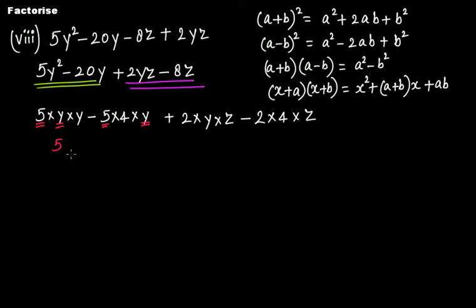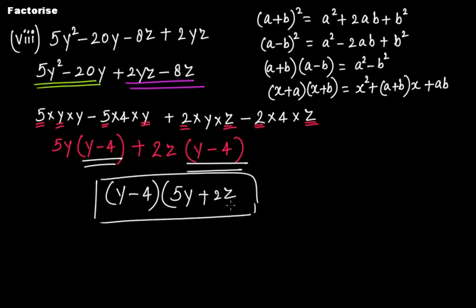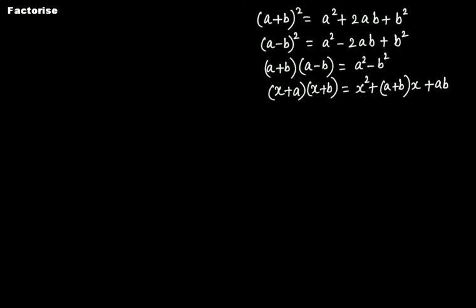These two are the common factors in these two terms. So 5y multiplied by y minus 4, then plus 2z and y minus 4. Now this y minus 4 and this y minus 4, write this as y minus 4, and here you get 5y plus 2z. So this is the required factorization of this algebraic expression.